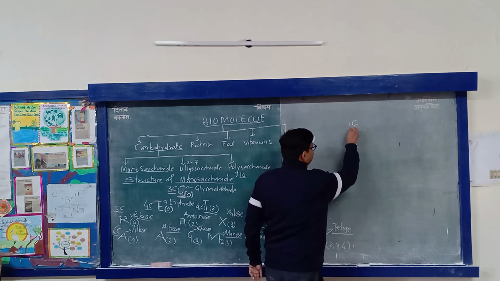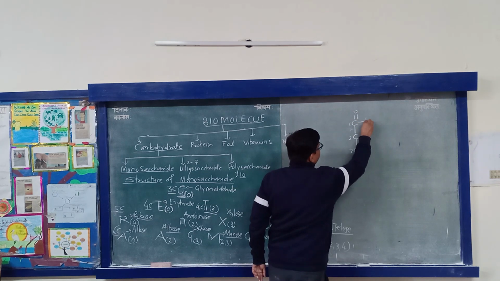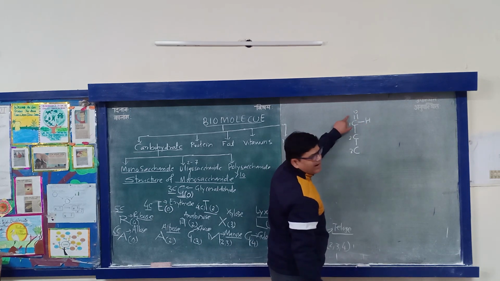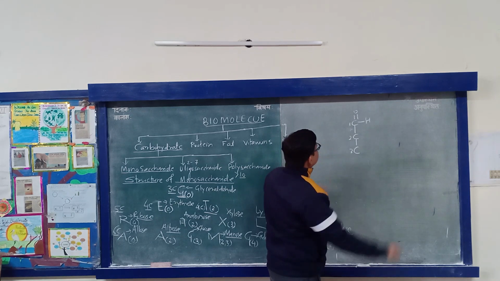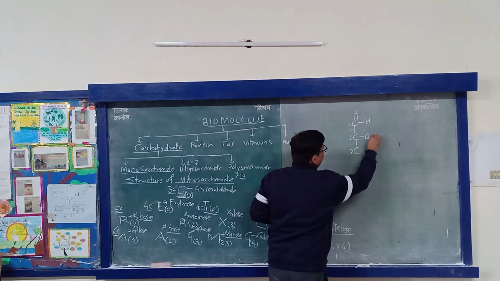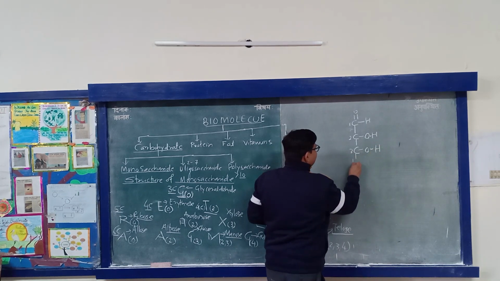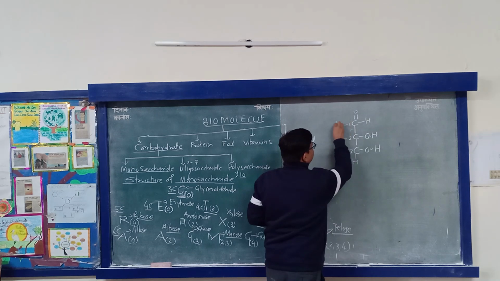In case of carbon number 1, 2 and 3, you have to show the aldehyde. You know 1, 2, 3, 4. And then you draw the hydroxy group like that. So this is the simplest carbohydrate, glyceraldehyde. This is the chemical structure of glyceraldehyde.